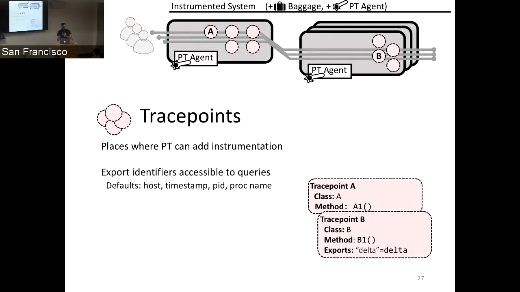So what I'm trying to, I have to remember exactly what the point of this slide was. You can export these tuples either from the function definition or from the host and things like that. For the things you export, you don't pay any cost exporting them unless a query is installed.